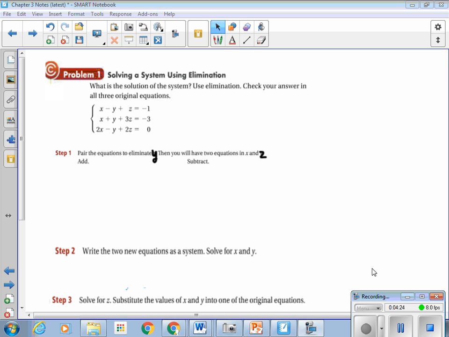All right, so the first thing we're going to do is pair our equations so I can eliminate y. The reason I chose y is because I have a minus y in one equation and a plus y in another equation, and I know if I add the 2 together, the y is going to be eliminated.